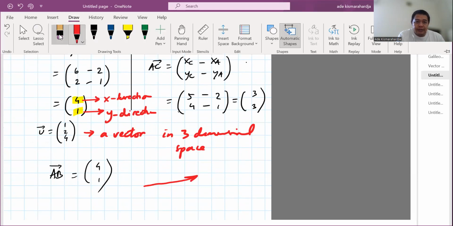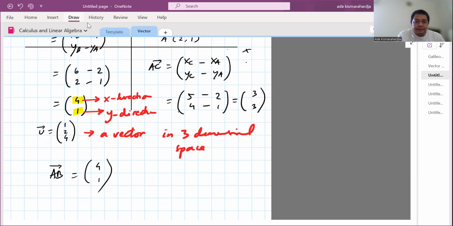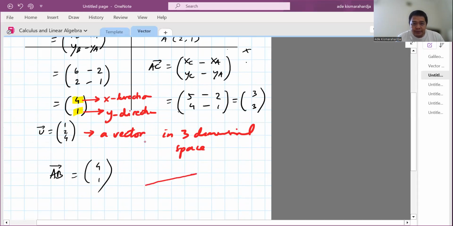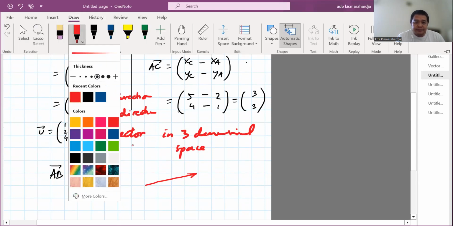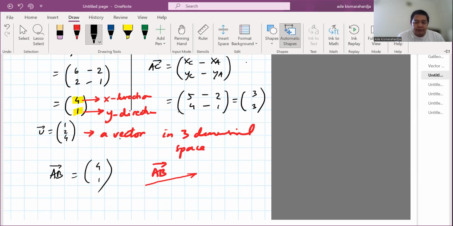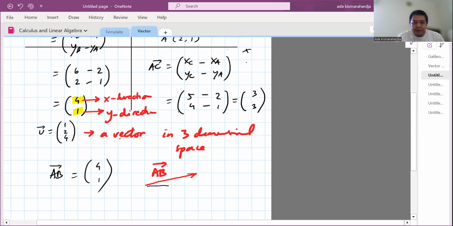Well, let me just make it a bit nicer. There. So that's AB. And as you know, this vector has components. The top component is 4, which is the horizontal component. And the lower one is the vertical component.